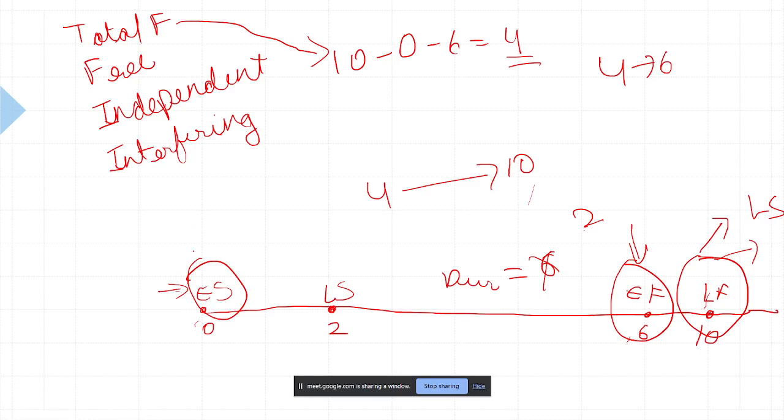So free float takes care of that part, that your succeeding activities don't get delayed. In independent float, both predecessors and successors are not affected. So from late start to early finish, if you can adjust in this duration, that would be your independent float. And this float is your interfering float, because it is interfering on the further project. Did you guys get some clarity, or did I go on very fast?